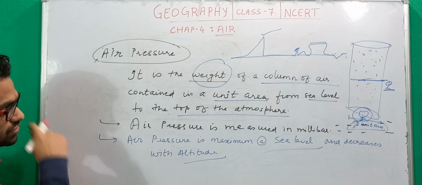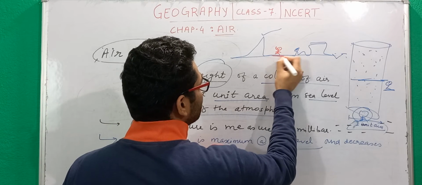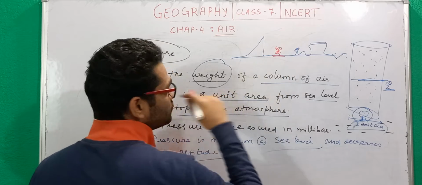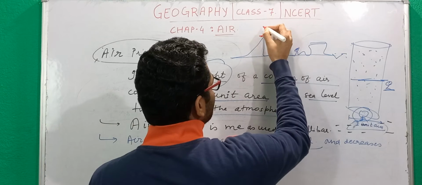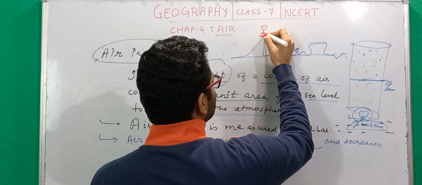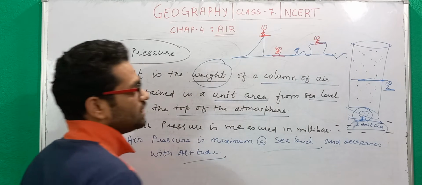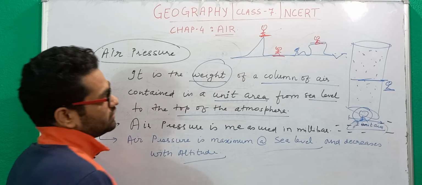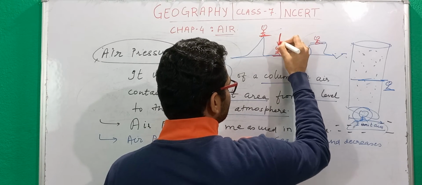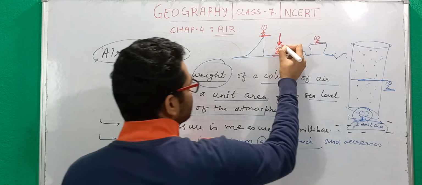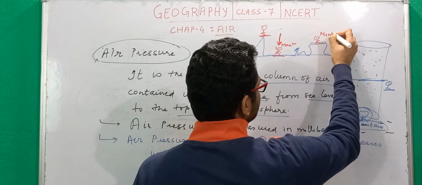Suppose you are standing here on land, and if you become a mountaineer and you stand here at Mount Everest, and then you also stand at a plateau at some point of time, then you will find that the air pressure you observe here will be maximum, and here you will have minimum air pressure.